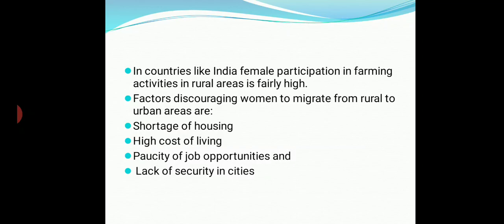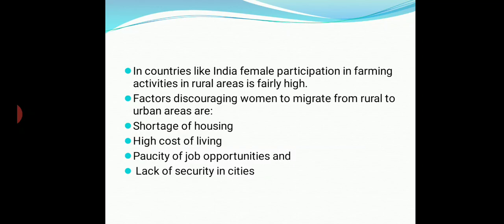In the urban areas, women are moving from one place to another in search of jobs for their own development. That liberty is there. But still, women independently from rural areas are not willing to move towards the urban area.